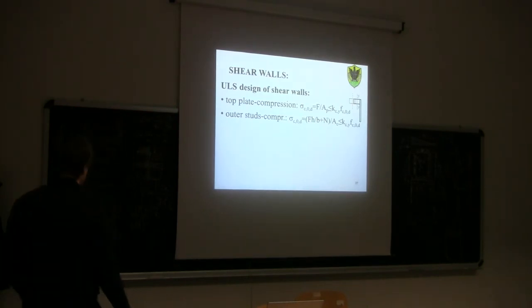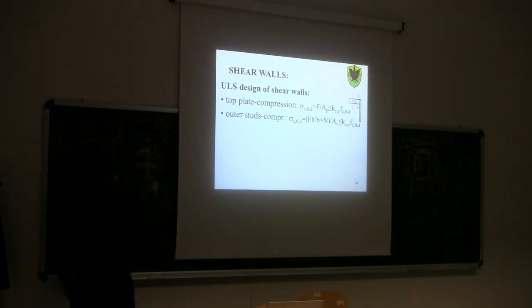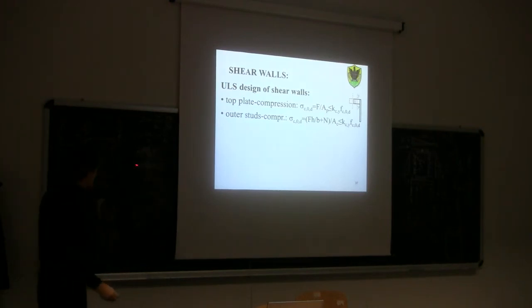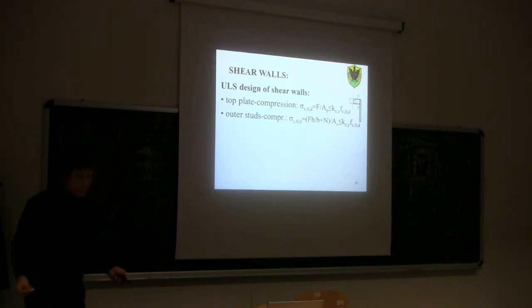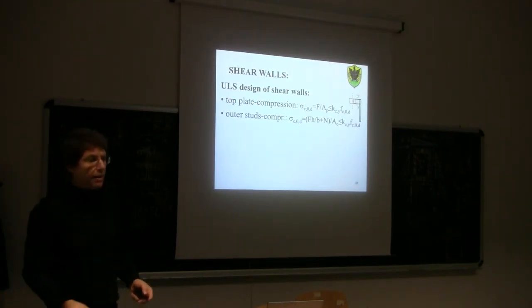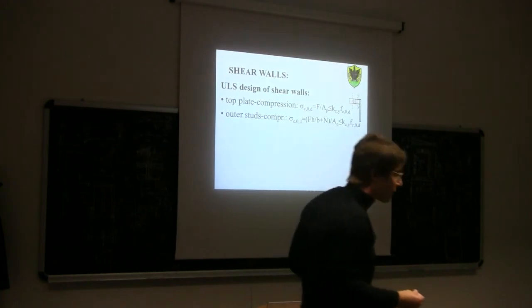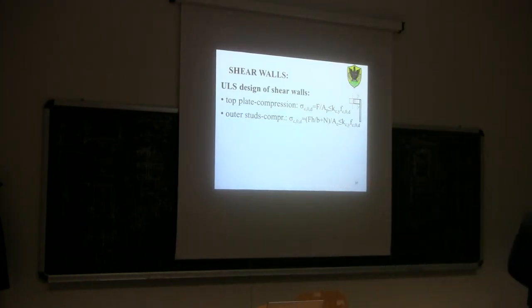So in the end, what we can say is that the member carrying most of the shear for sure is the web, and the web here is the sheathing. Okay, so the sheathing is the member carrying most of the shear together with what? The sheathing and which other elements carry the shear?